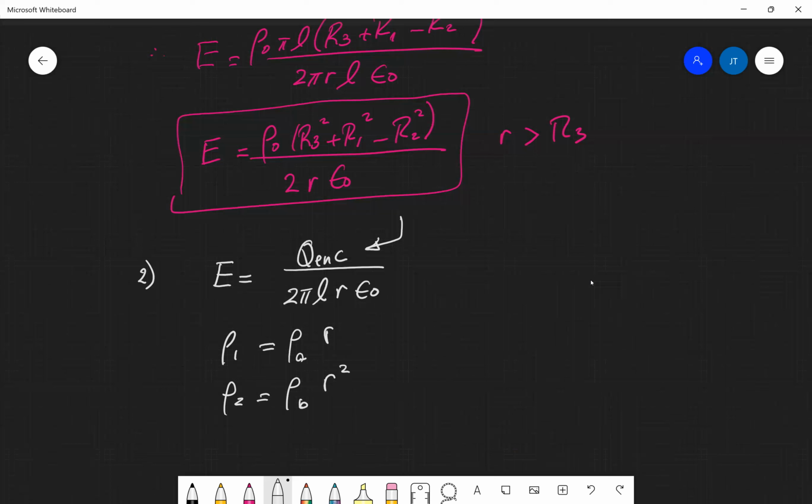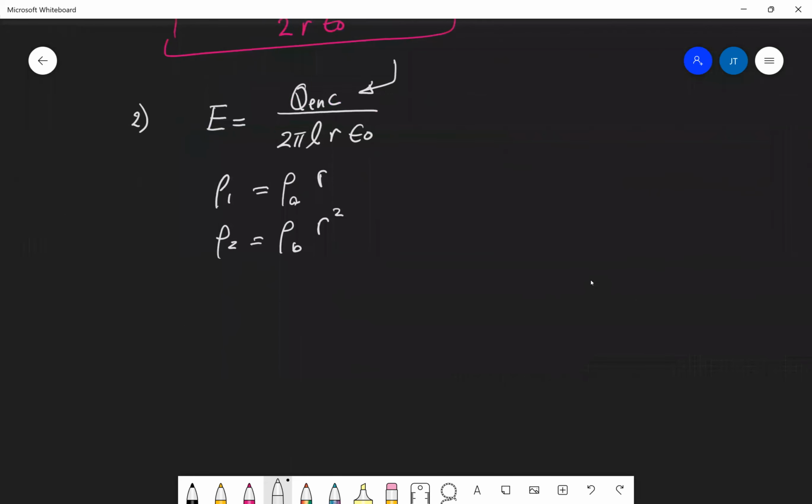Rho A and rho B are constants, and the units have to match such that this comes out coulomb per meter cubed. So maybe this is coulomb per meter to the 4, and this is coulomb per meter to the 5, so that at the end, rho 1 or rho 2 come out with coulomb per meter cubed.